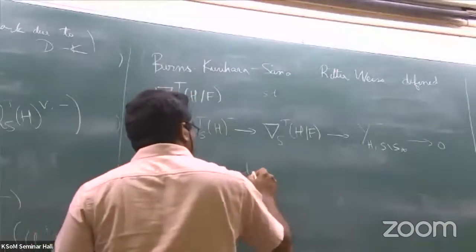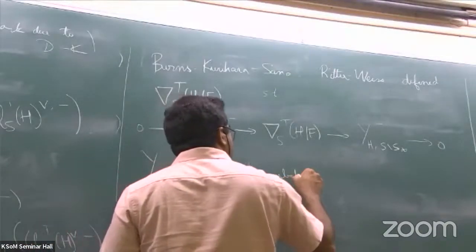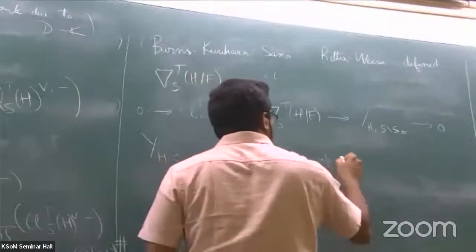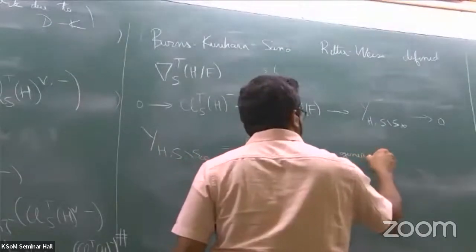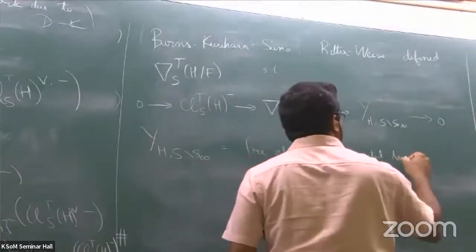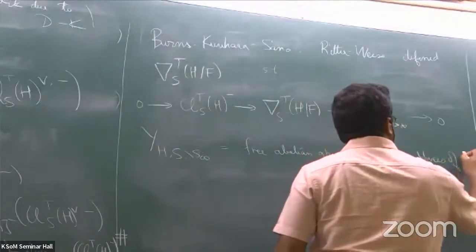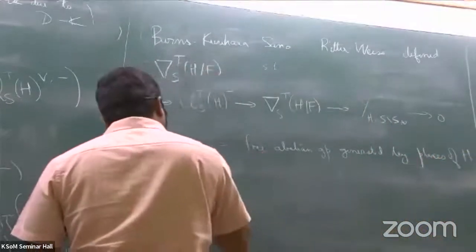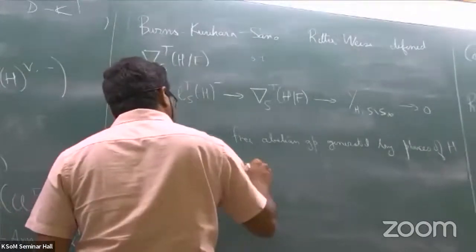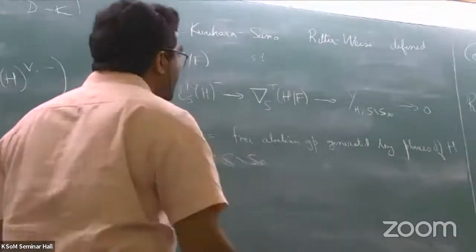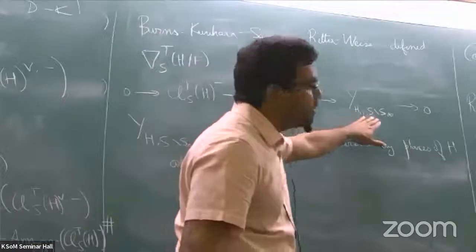This is a pre-abelian group generated by the places of H above S minus S. Okay, so this is some very explicitly abelian group.